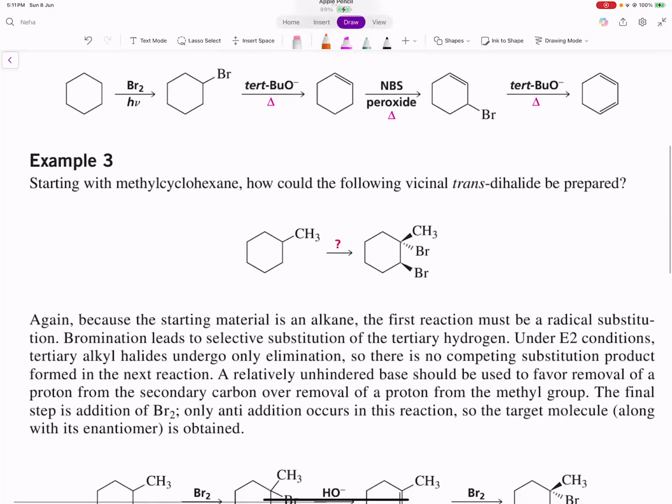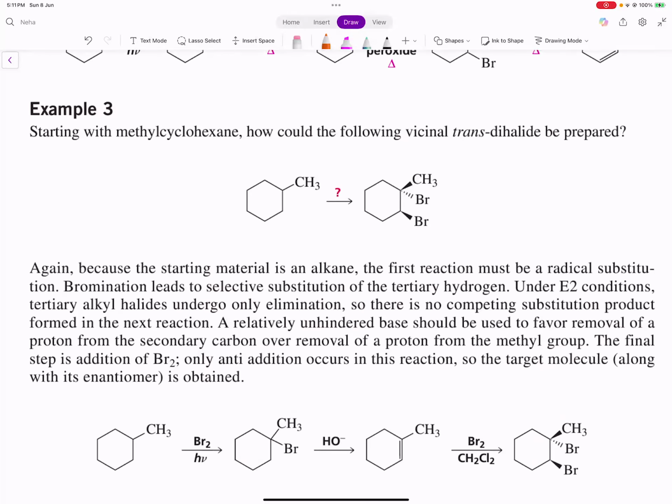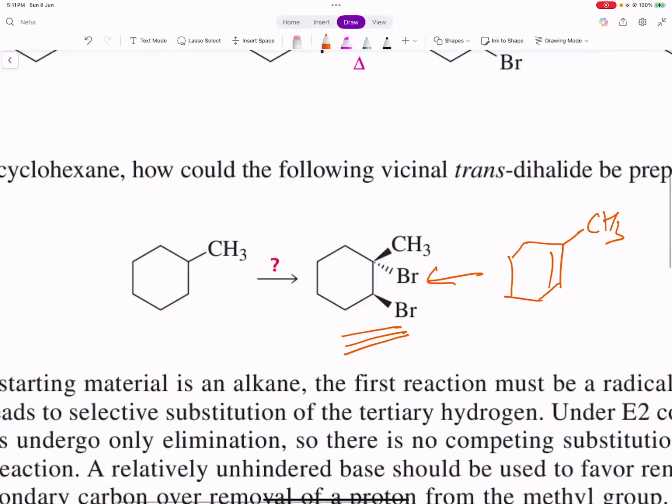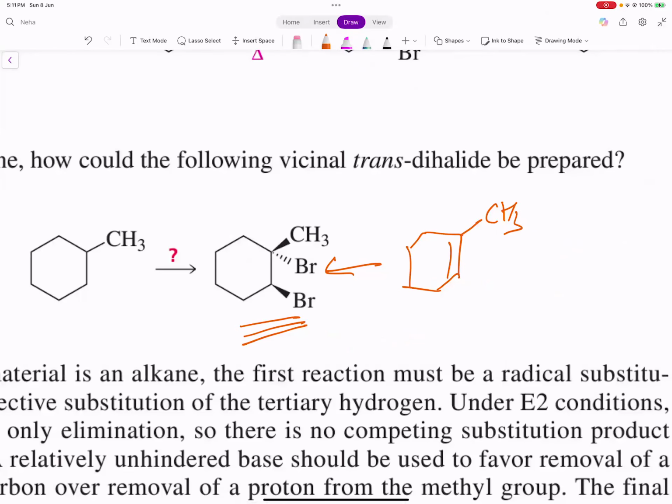See here again, we do this. We come backwards. I immediately see that this is there. Obviously, I have added bromination. So before this compound was formed, this must have been this, and then I can do bromination, anti-bromination, right? And how can I arrive here? I can arrive here by eliminating this.